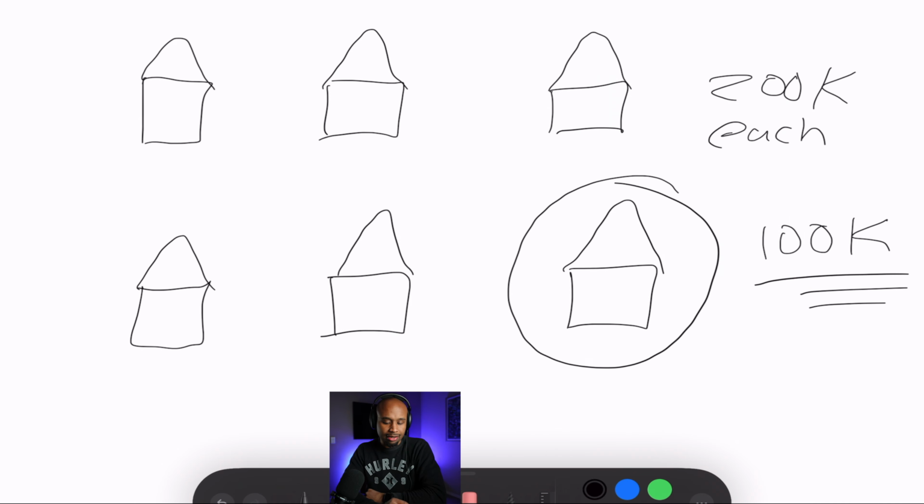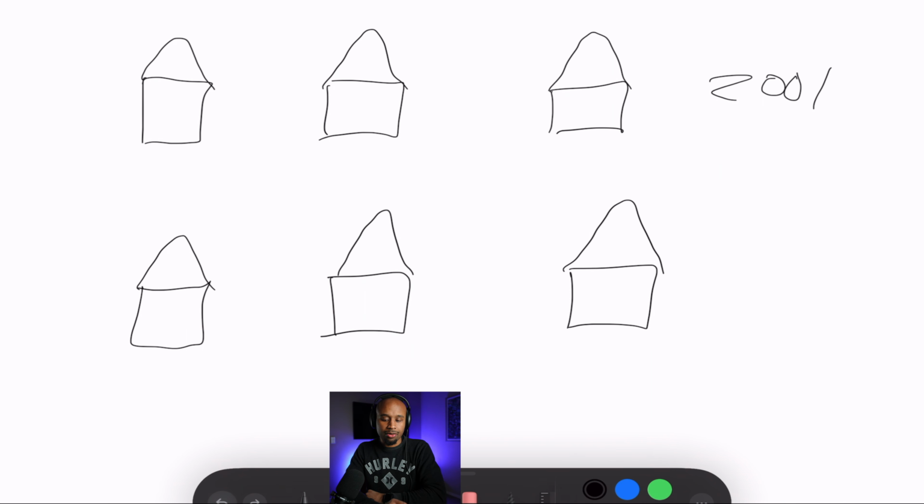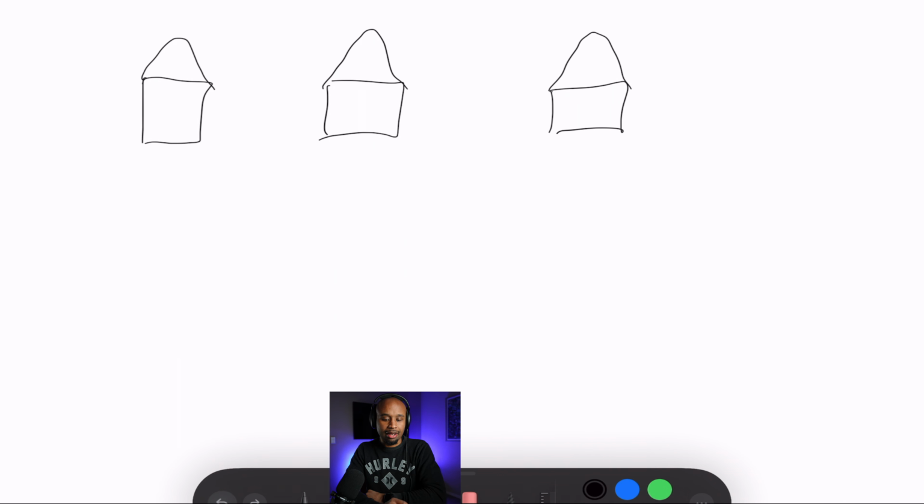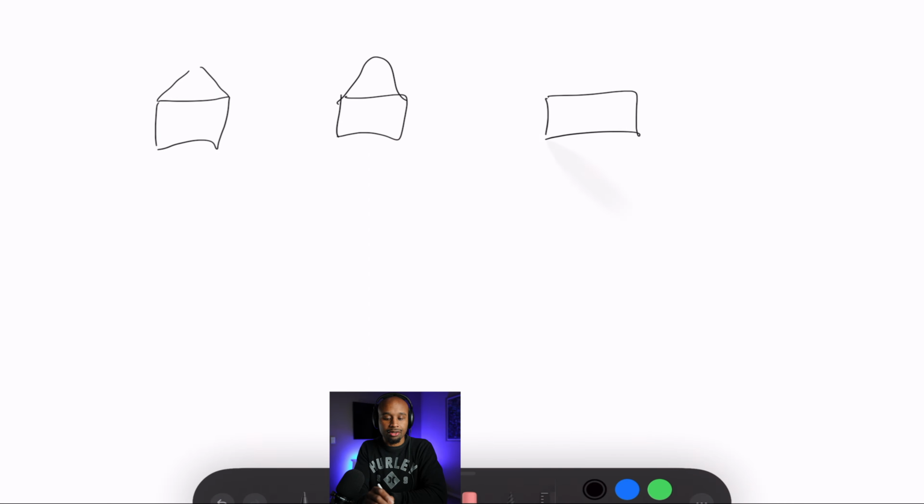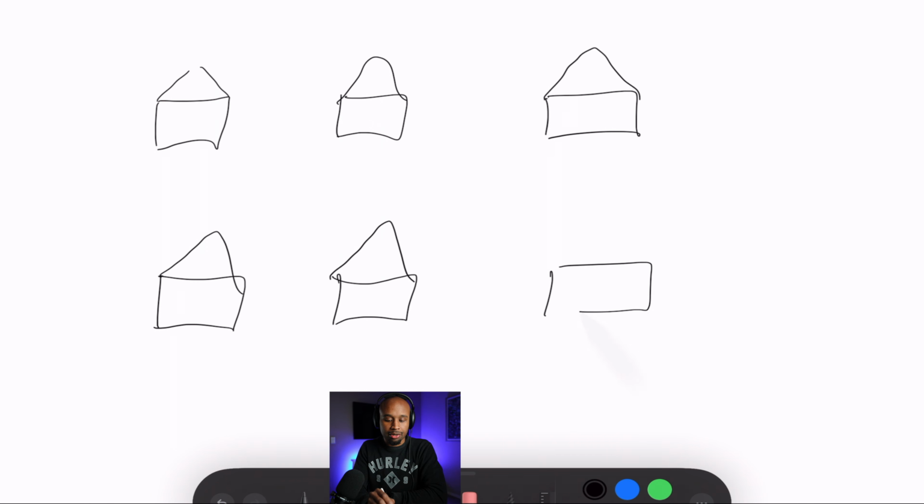For instance, I want to show you an example. One time I got a house under contract. I wholesaled the house. And in this neighborhood, houses were selling for $150,000. So this is the neighborhood, and these houses are selling for $150,000.